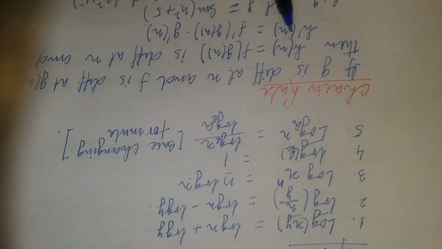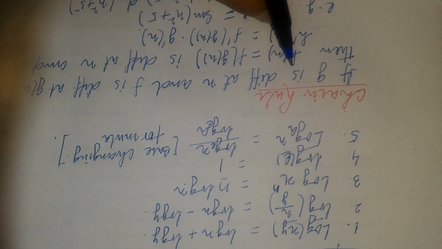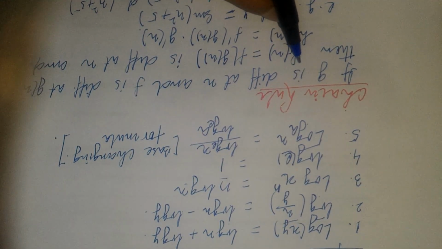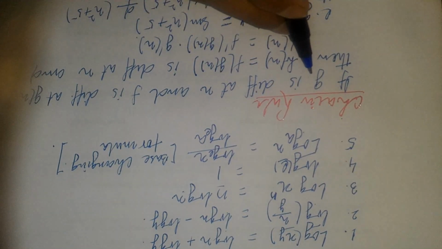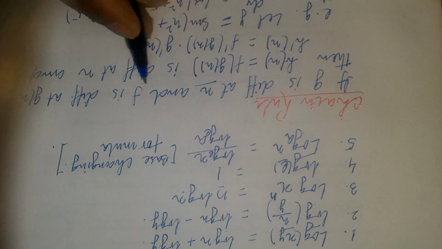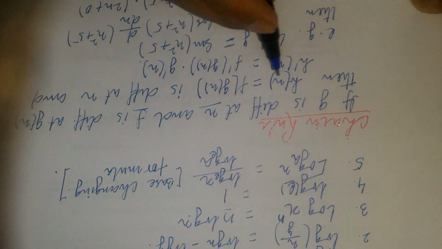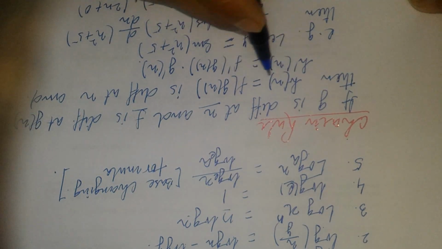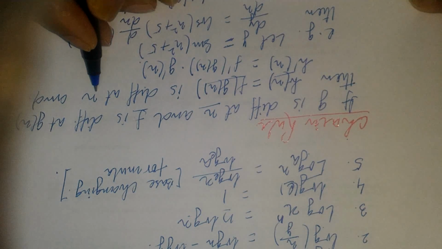Now, what is the chain rule? Because we will be applying the chain rule when we take the logarithm. If g is a function differentiable at x and f is a function differentiable at g of x, then the composition of the two functions, h of x equal to f of g of x, is differentiable at x.